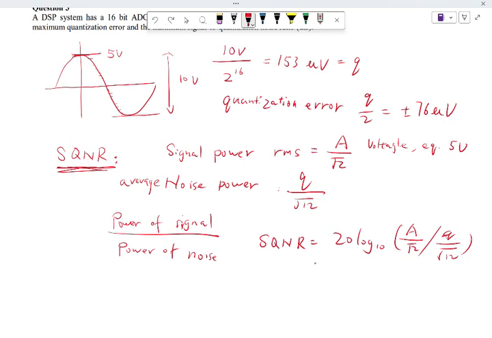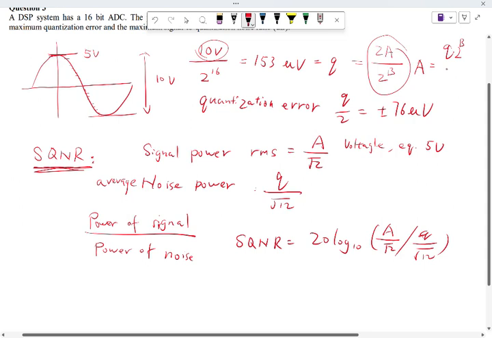Then we can see that A is actually related to Q. Remember how you get Q. Q is just 2A divided by 2 to the order of b, right? So in this case, A equals Q multiplied by 2 to the order of b, divided by 2.